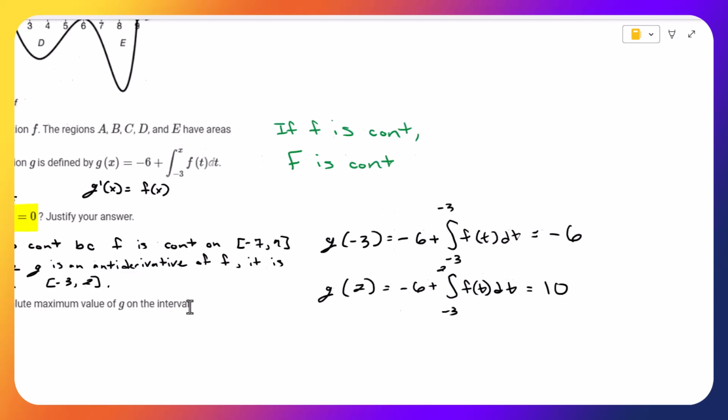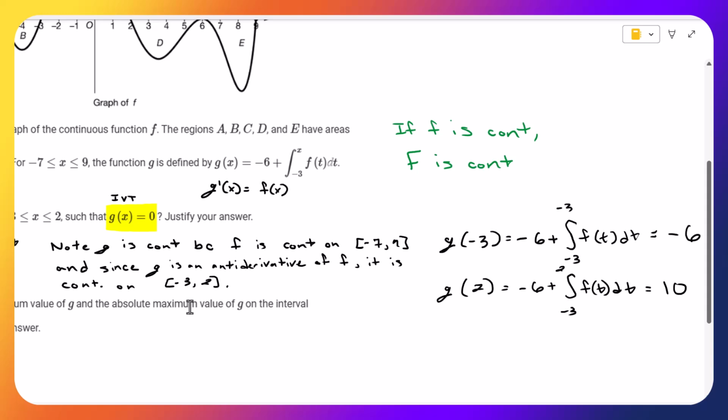we can come back over here, and I'm going to have to write kind of small. Hopefully I can fit it.